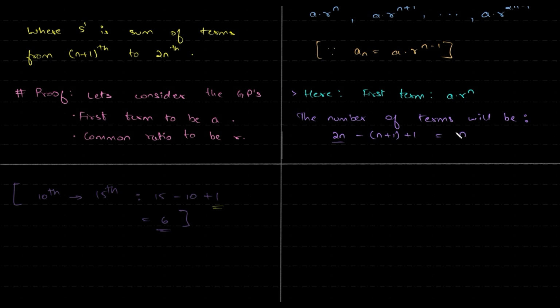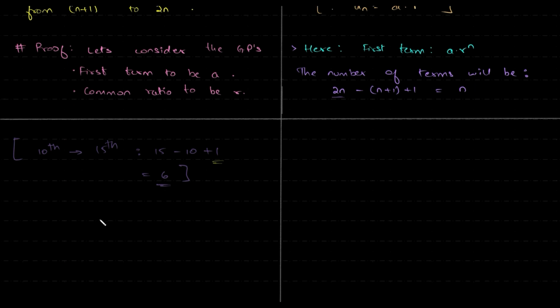Okay, with the first term and the number of terms in mind, and the common ratio being r itself, we can write S dash to be a into r to the power of n, that would be the first term, into r to the power of n minus 1 divided by r minus 1.